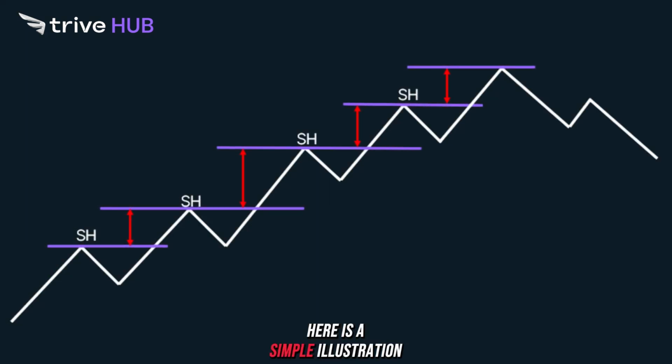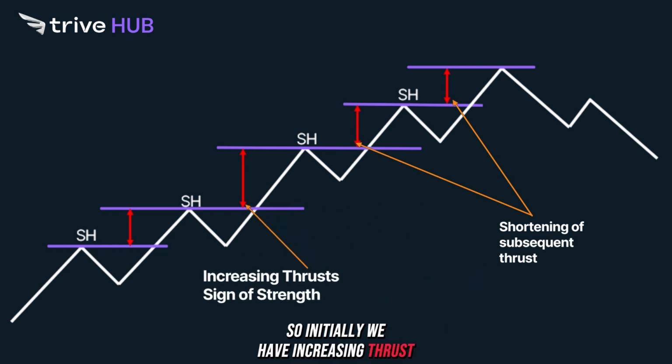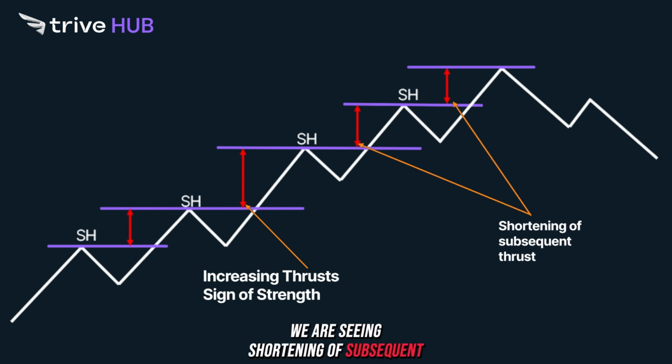Here is a simple illustration of a trend weakening as thrusts reduce. Initially we have increasing thrust, a sign of strength in an uptrend, but later we see a shortening of subsequent thrusts, so we might see a change in the trend.